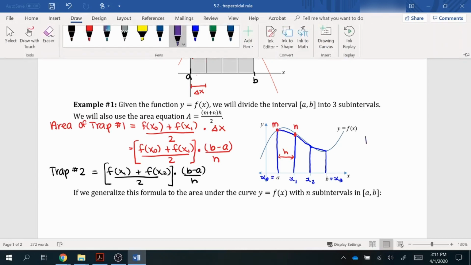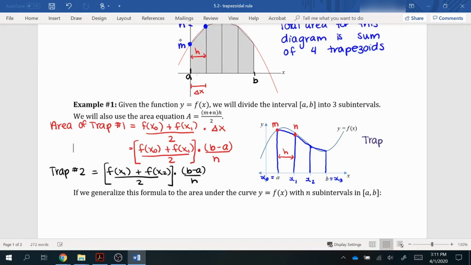I'm going to put this over here just because I'm running out of space. This one's going to be f of x2 plus f of x3 over 2 times b minus a over n.